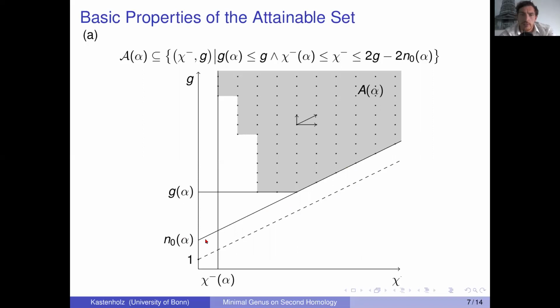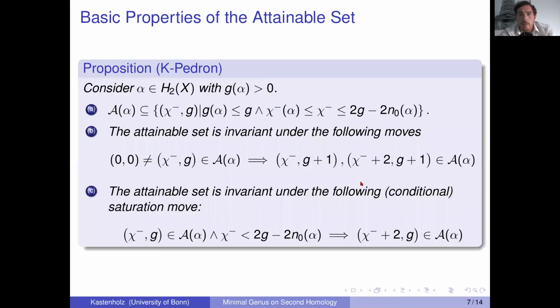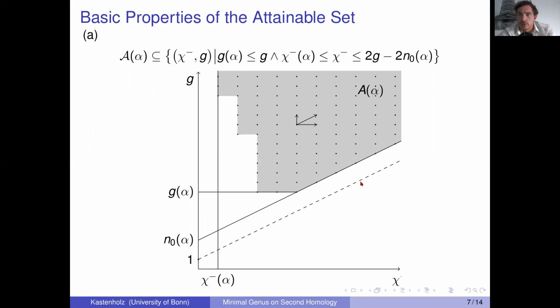n0 is the minimal number of non-spherical components I need to represent my class alpha. So for example, in our previous example, n0 was just 1, because I just need one connected component. But for example, if I have the disjoint union of 2 surfaces of genus bigger or equal than 1, then n0 would be 2.